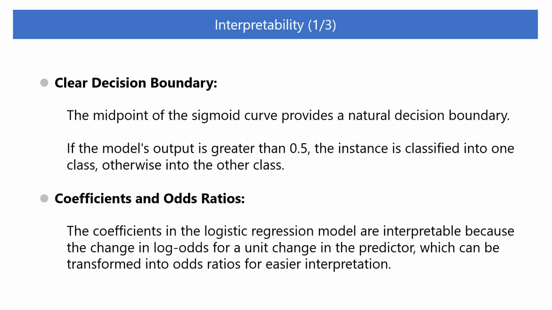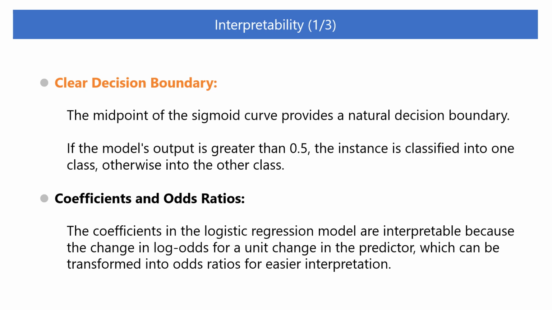Finally, but not least, the logistic function has high interpretability because of clear decision boundary, coefficients, and odds ratios. As to decision boundary, the midpoint of the sigmoid curve provides a natural decision boundary.